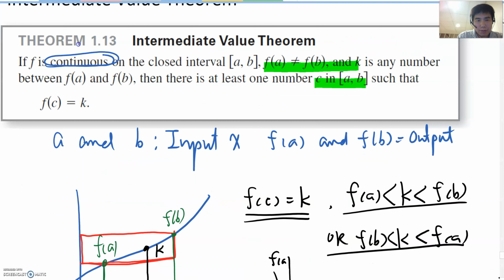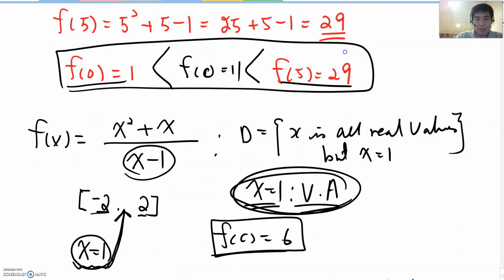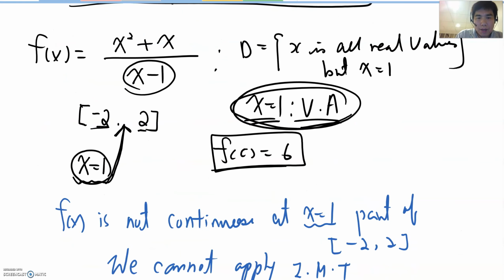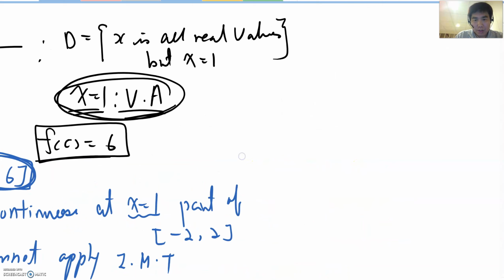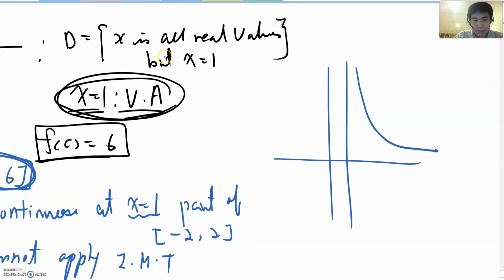Alright. So like this, we can apply the intermediate value theorem only for a function that is continuous on the interval. But what if I set up the interval as 2 to 6 here? If I make it 2 to 6, this is totally on the right side. I'm not sure whether this is the correct graph, but let's say this graph looks somehow like this.